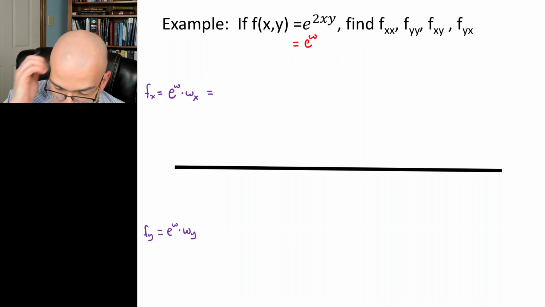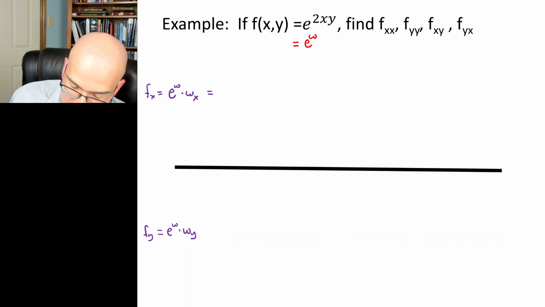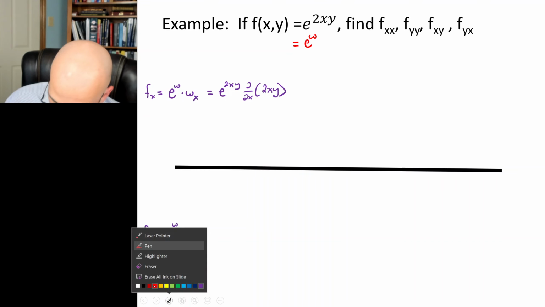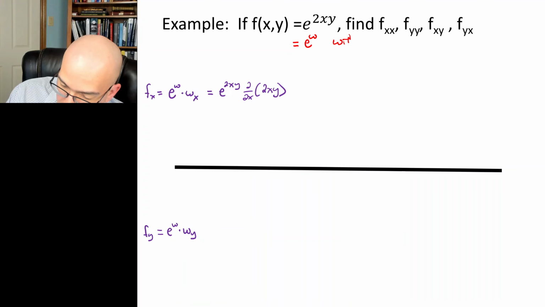Okay, now e to the w, so e to the 2xy, times ∂/∂x of 2xy. We can factor the constants out front.